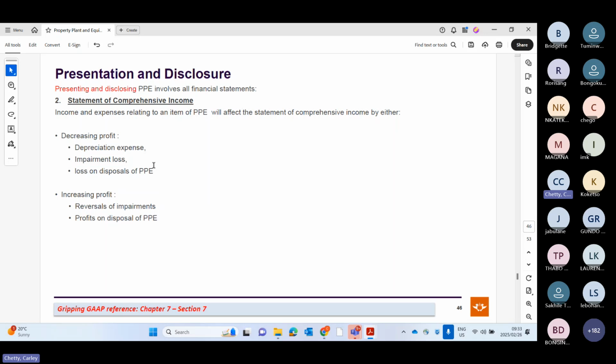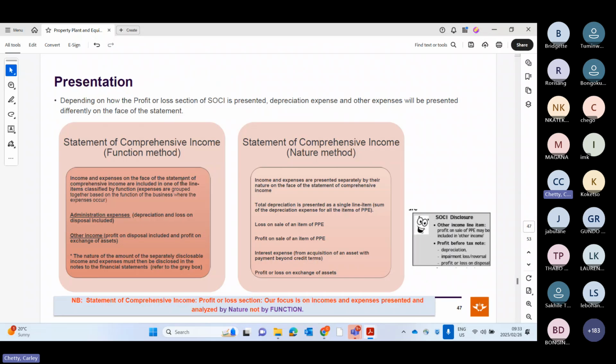Then we have presentation. This depends on how the profit or loss section of the statement of comprehensive income is presented. Depreciation expense and other expenses will be presented differently on the face of the statement. If we use the function method, then the income and expenses are included in one of the line items classified by function.